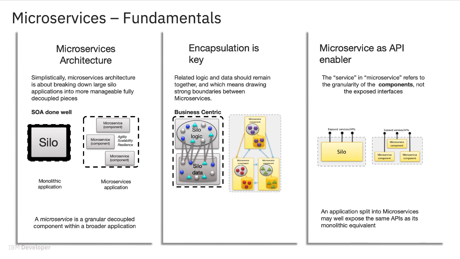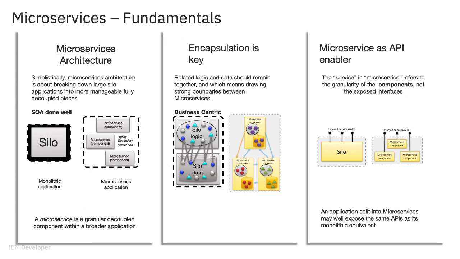Finally, the relationship between APIs and microservices. There is not necessarily a one-to-one relationship between them. For example, in the past you may have had a siloed application that exposed an API.